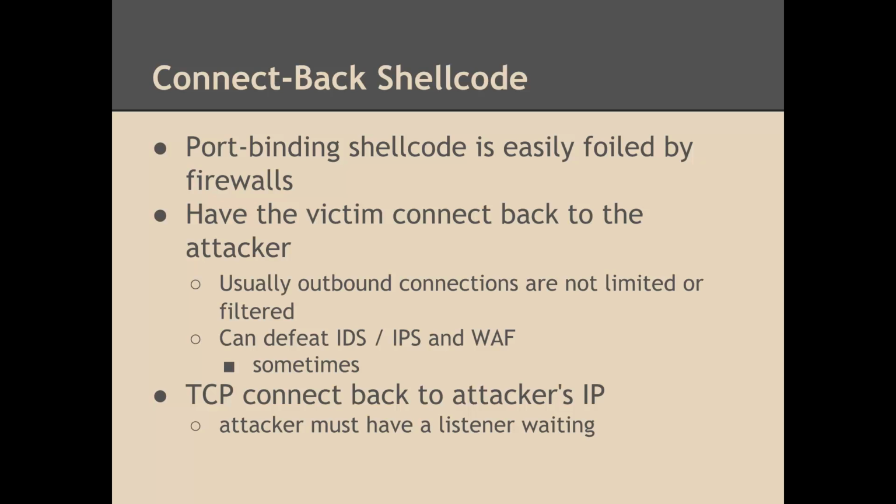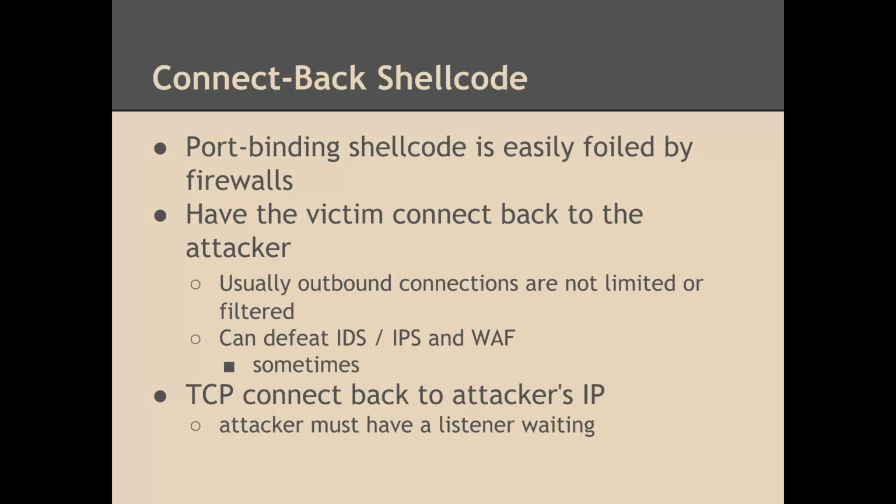Web application firewalls don't really concern themselves with the connection, the network and transport layer activities. So in order for this to work, an attacker obviously has to have a listener waiting on one of their nodes in their network, and that may be part of a botnet, or it may be at a VPS that they've anonymously purchased, or maybe their laptop at a Wi-Fi hotspot at a cafe.